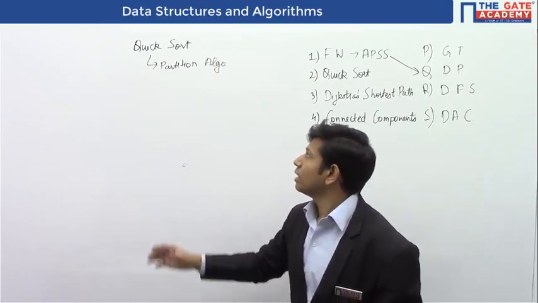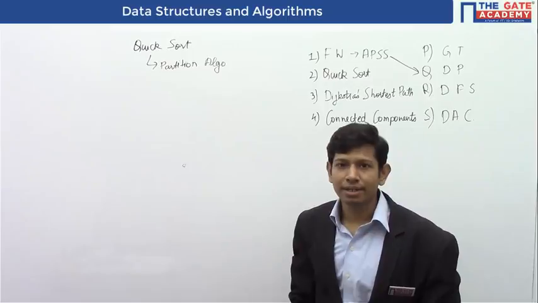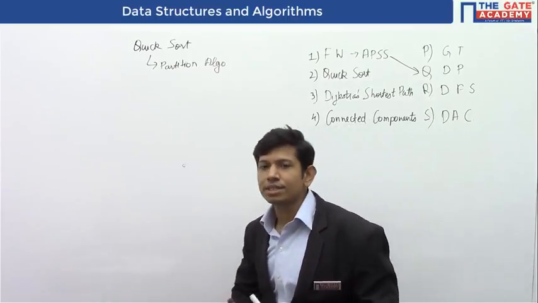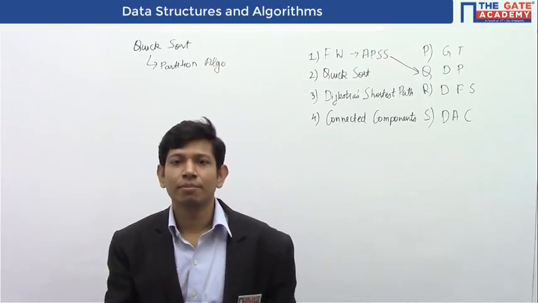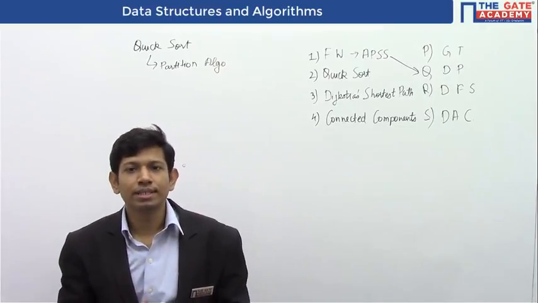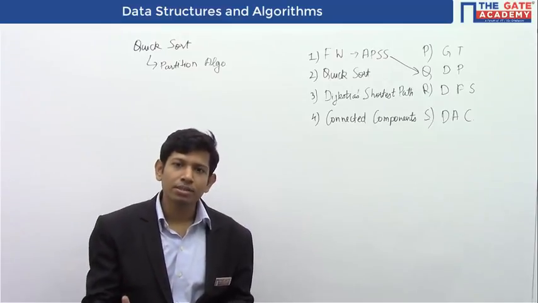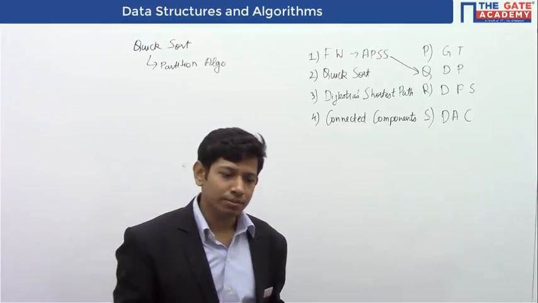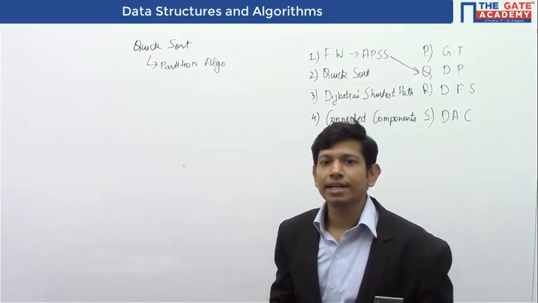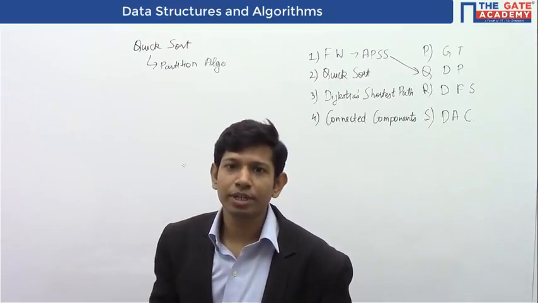In quicksort, we have an algo known as partition algorithm. What does the partition algorithm do? Partition algorithm picks any element which is known as pivot element, and at the end of one pass of the partition algorithm, the pivot element that we have selected will come at its correct position, at its sorted position.